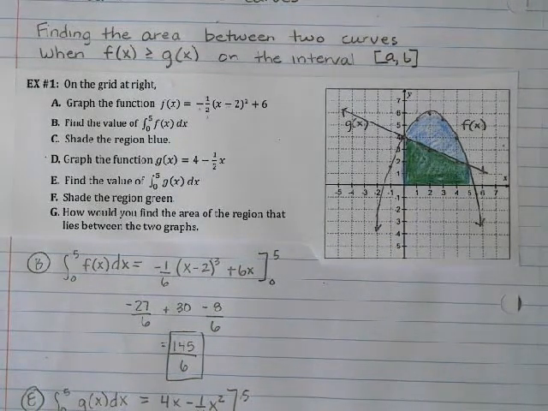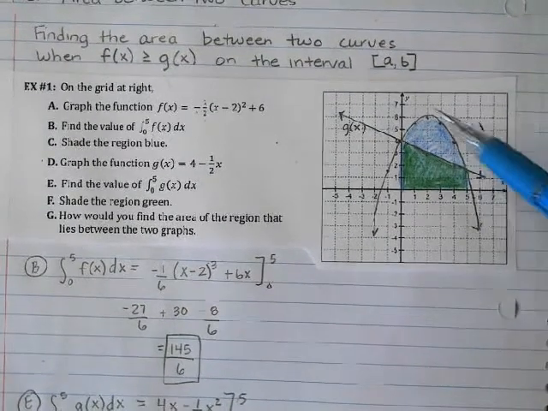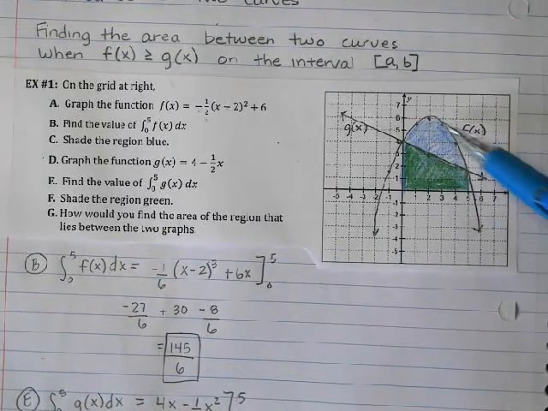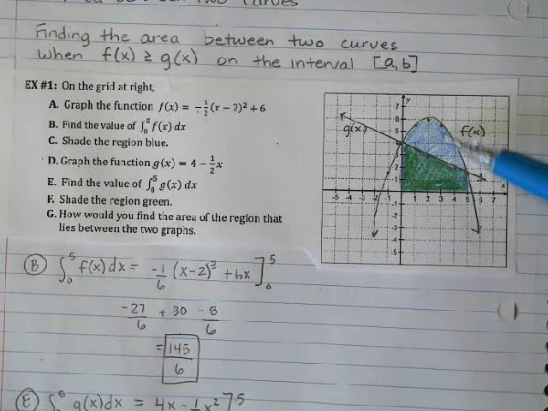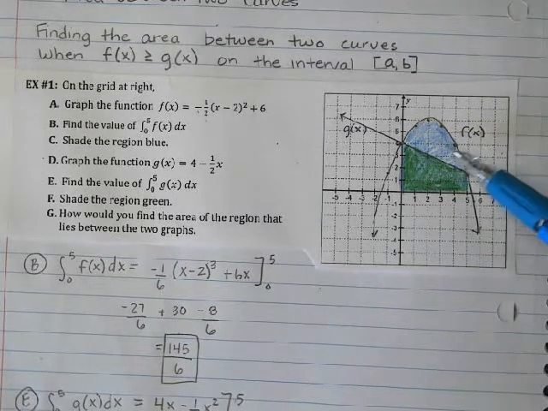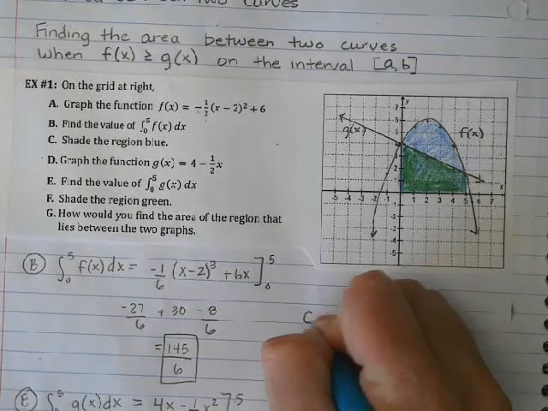Okay, now how would you find the area of the region that lies between the two graphs? So this little light blue area right here. Well, hopefully you would say, well, I could take the area of the whole thing and subtract off the green part, and I would be left with the area of the blue part.